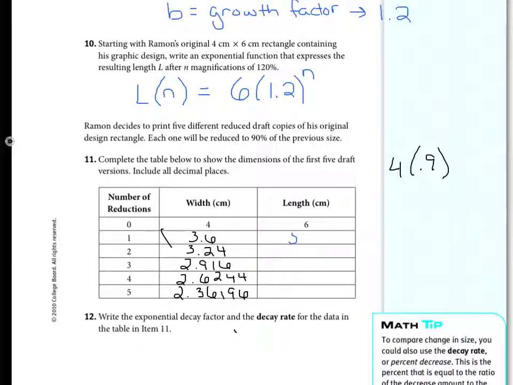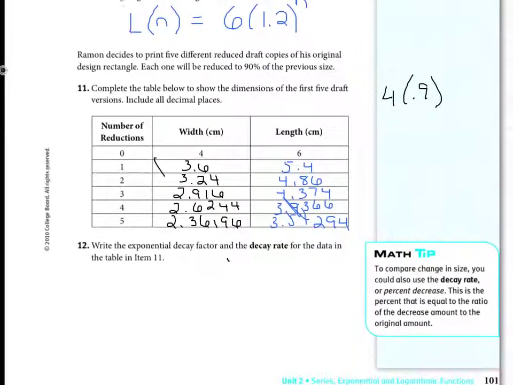So for 6, when we multiply by 0.9, we would get 5.4, 4.86, 4.374, 3.9366, 3.294. So think about what's happening here.